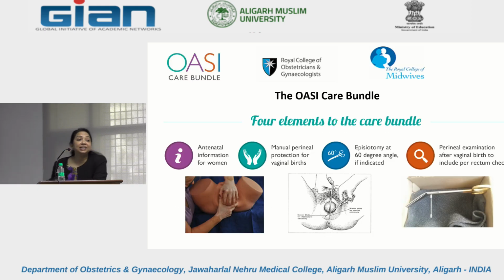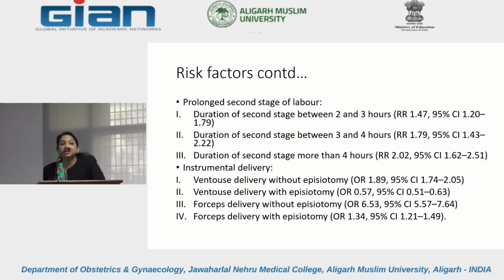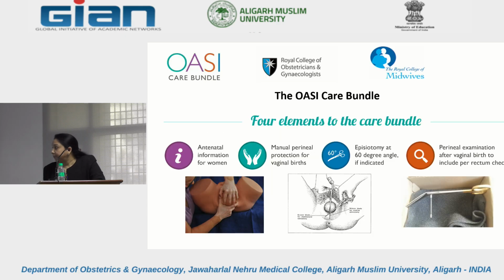Now, can we prevent these obstetric anal sphincter injuries? The NHS and RCOG have introduced the OASI care bundle. What is this? It includes 4 elements. One is antenatal information for women.